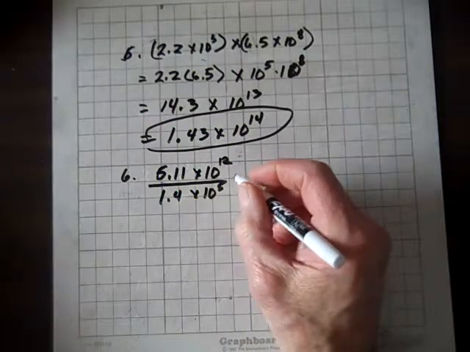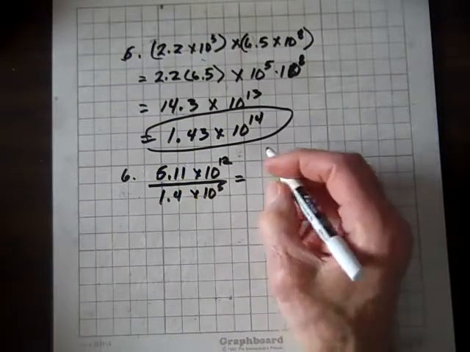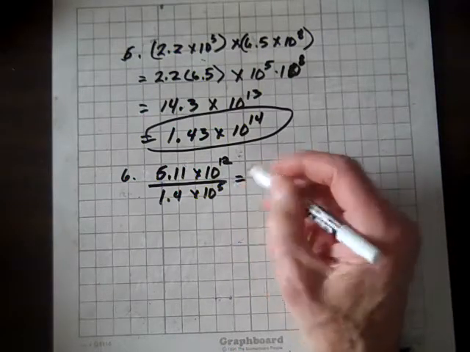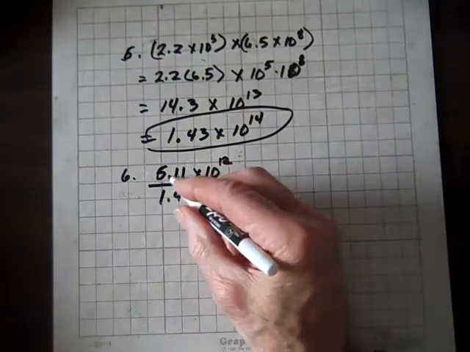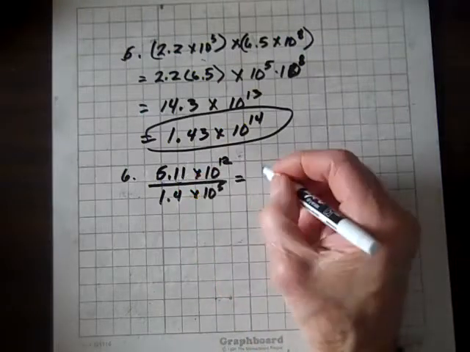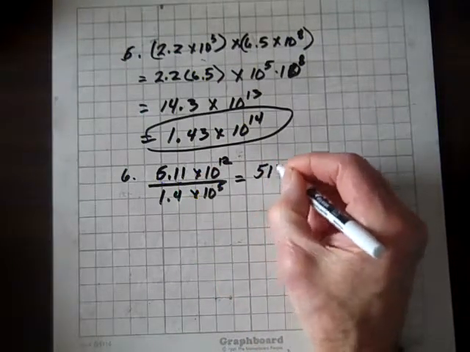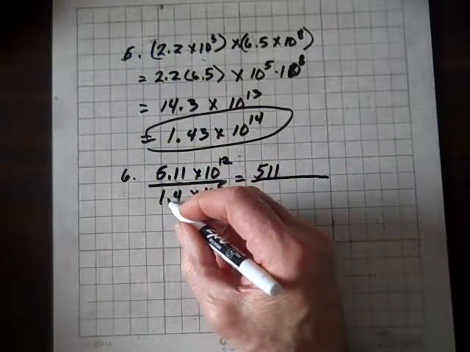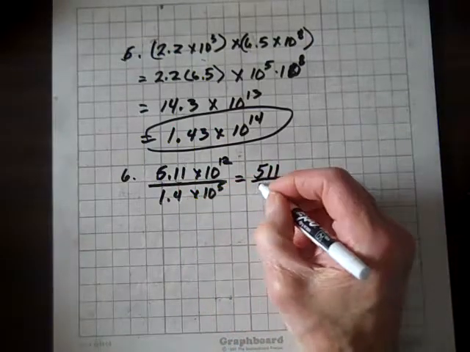Well, there's a couple ways to go on this, and one way is we can leave the factors of 10 as they are, and we'll move this decimal. If we move this decimal over twice, I'll get 511. And then we have to move this decimal over twice.